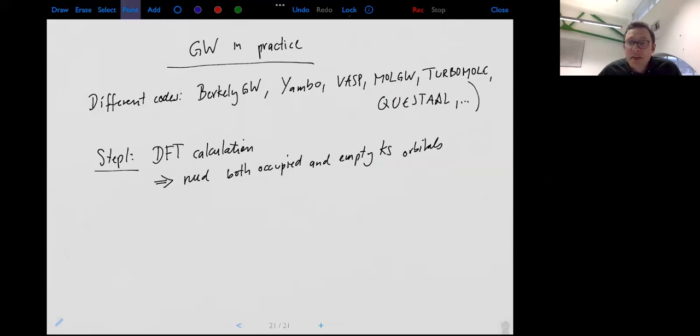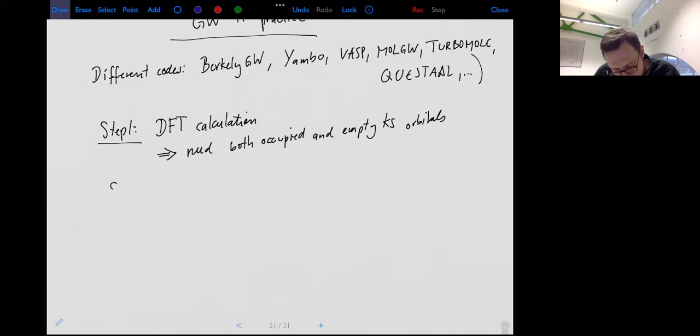Sometimes that's already the problem, that it can be quite difficult to converge these DFT calculations if you want to calculate, let's say, 5,000 unoccupied states. At least from my experience, sometimes that is actually already a big problem. So that's the first step, which has nothing to do really with GW. Then the second step is to construct the screened interaction.